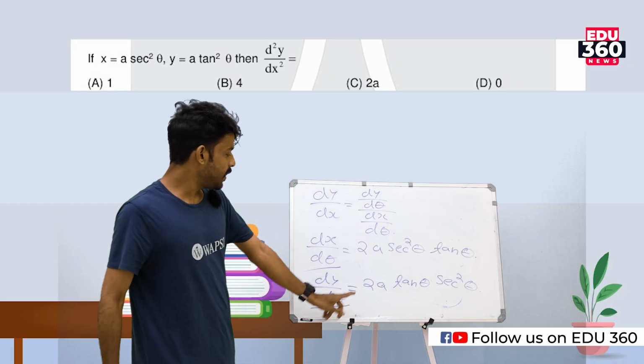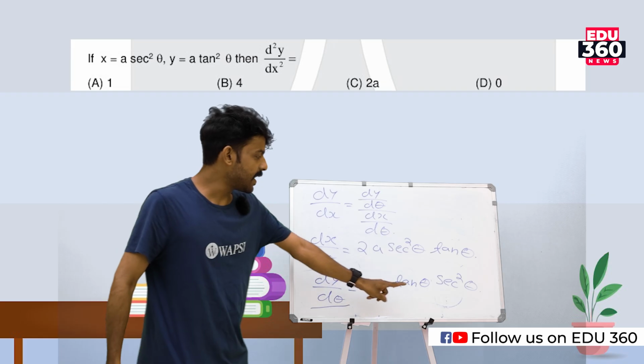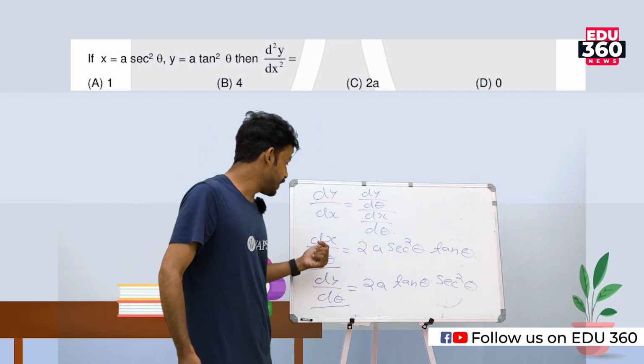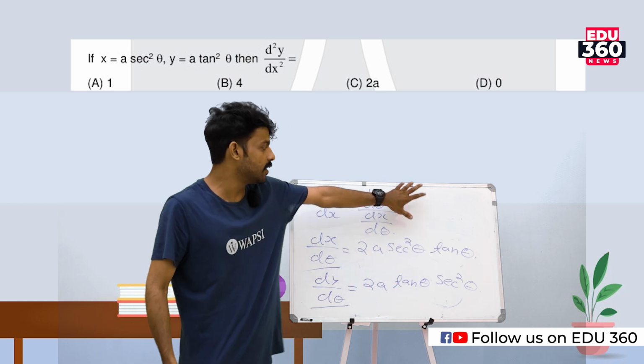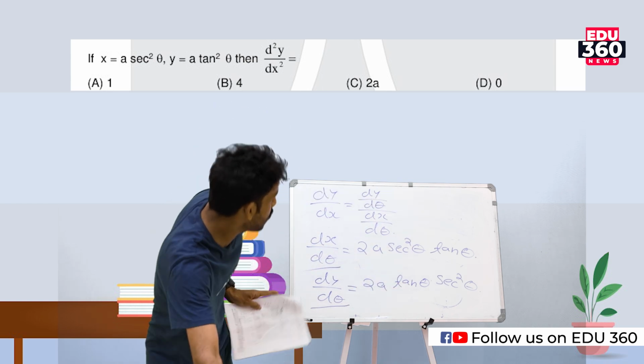We know that dy by d theta is equal to 2a tan theta sec square theta, and dx by d theta is equal to 2a sec square theta tan theta. So just substitute the two values above.